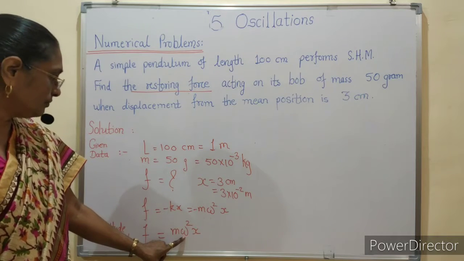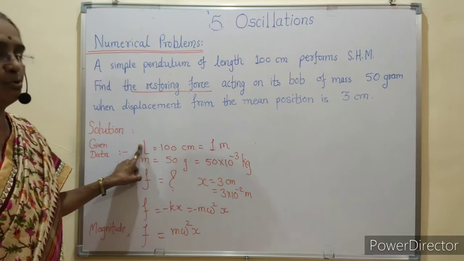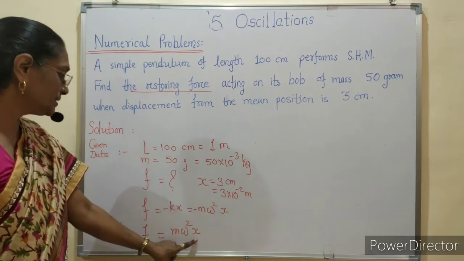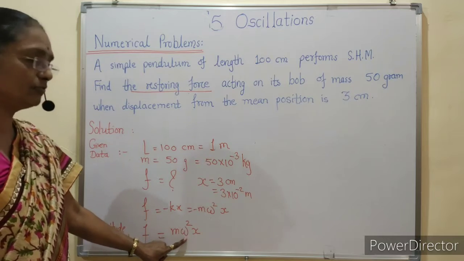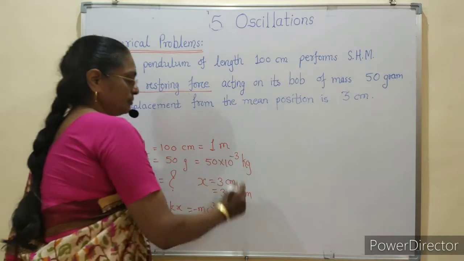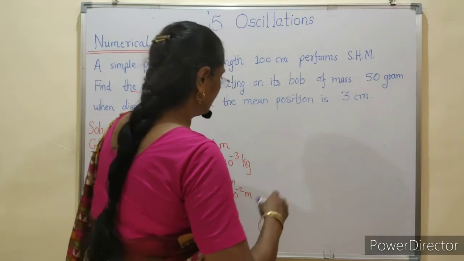Omega is not given, but length is given. From length we can calculate omega. X is given. So we have to find out first the omega. The first step in the problem is to find the omega.